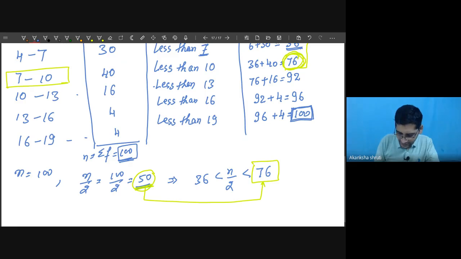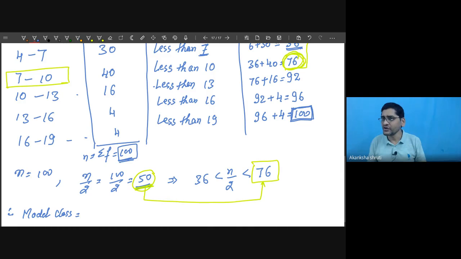So what do we have to write for the modal class? Therefore, the modal class, as I had explained to you, is the class having cumulative frequency just higher than n by 2.